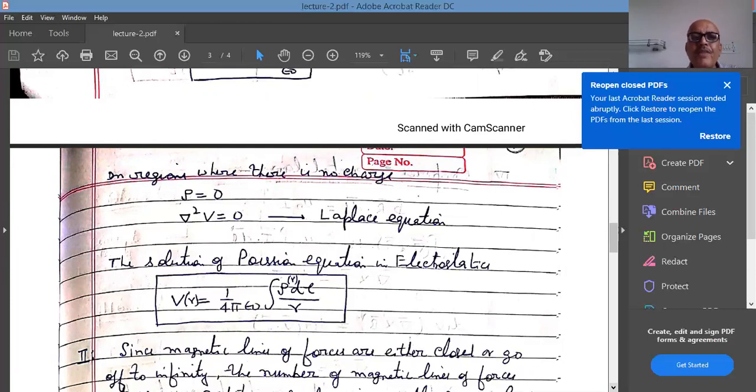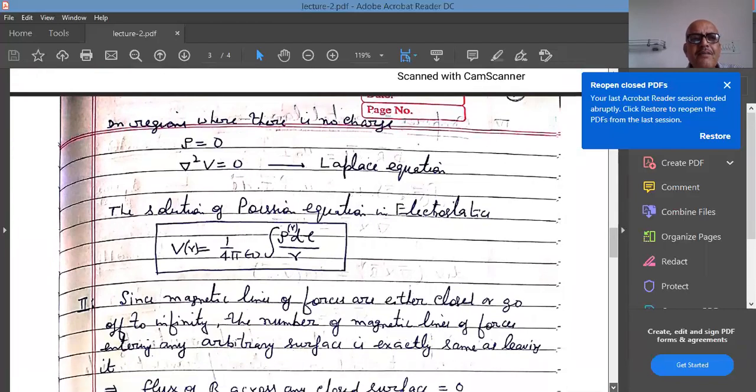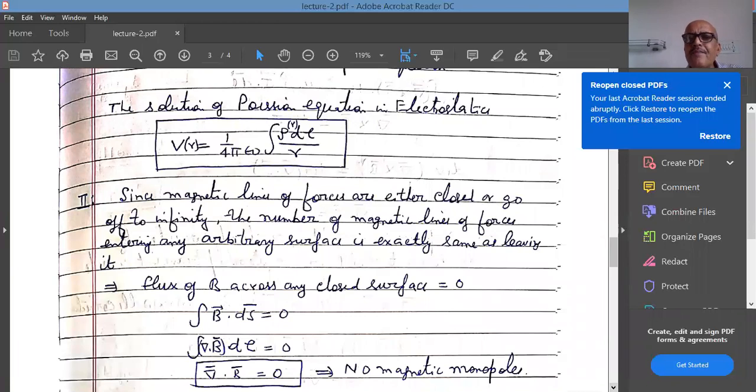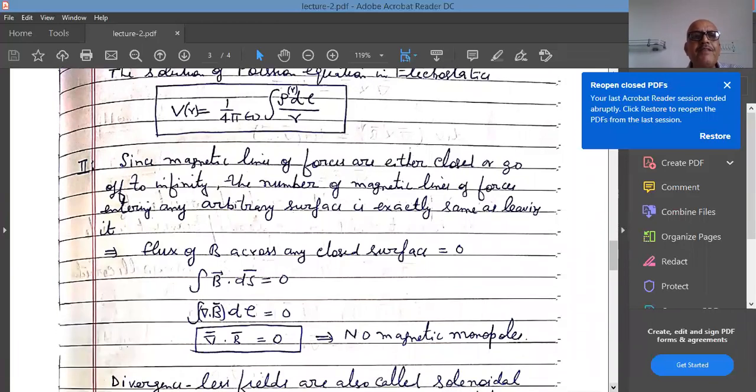After this, we also discussed in detail about the second Maxwell equation, that is divergence of B is equal to 0. It is purely based on the property of magnetic lines of forces.